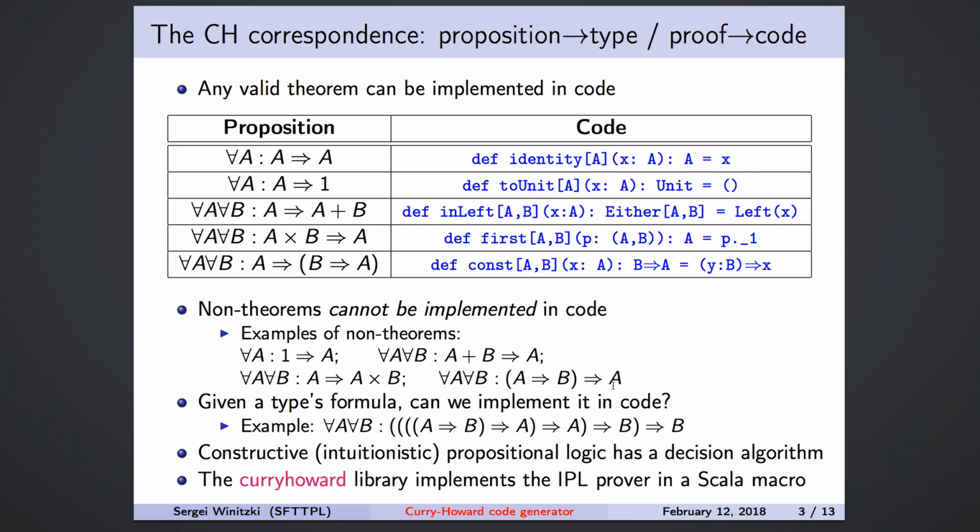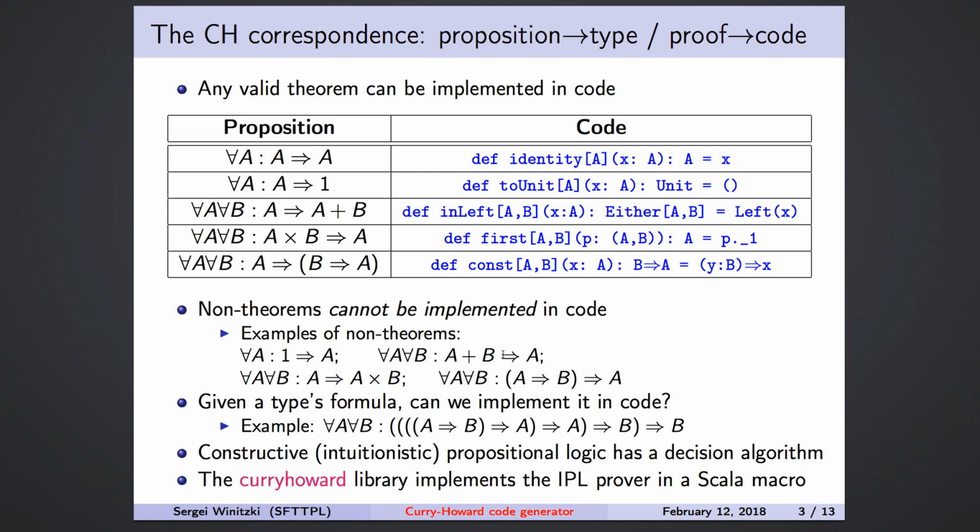So these are invalid formulas or non-theorems that you cannot derive in the logic, and at the same time, these are types of functions that you cannot implement. So then there is this interesting correspondence that not only types correspond to formulas in some nebulous logic, but if you can prove the formula to be true, to be a true theorem, then you can write code for the function.